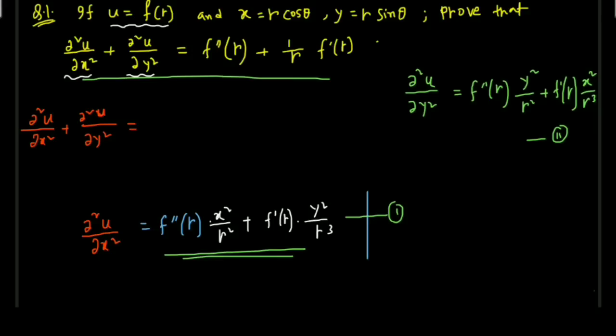if this is f double prime r, you can take common f double prime r. This is not x, this is r.